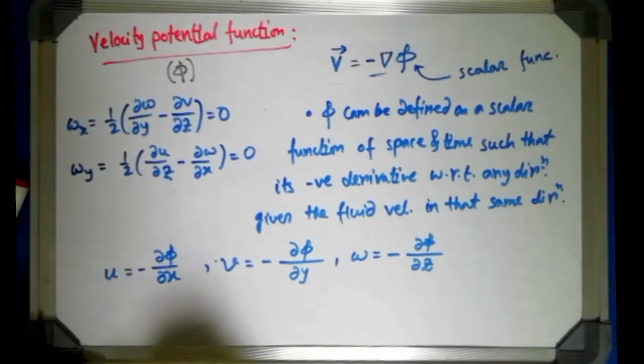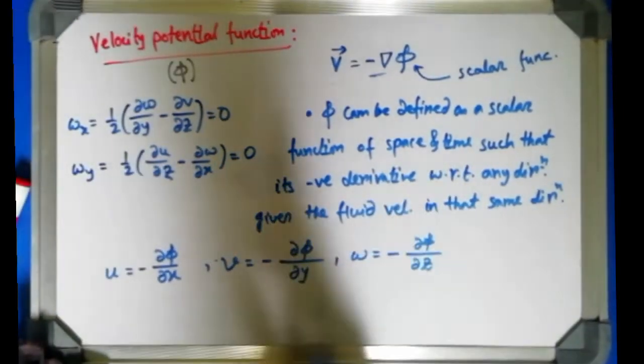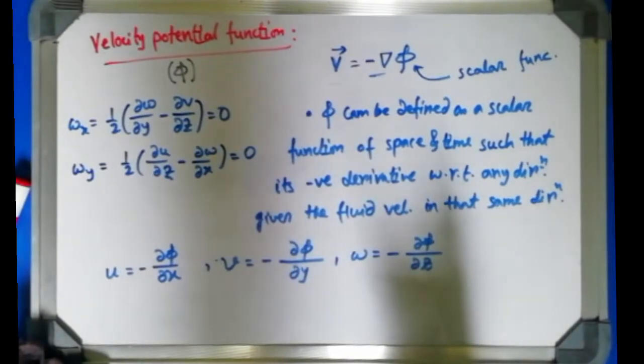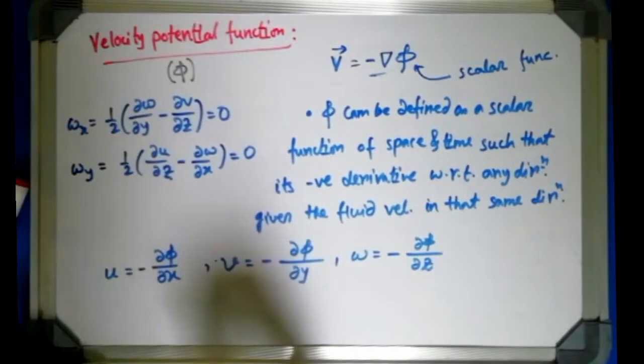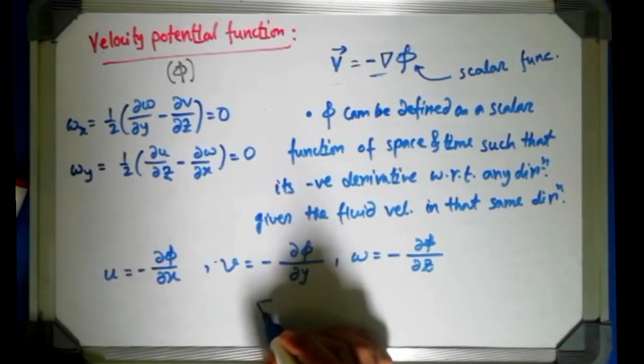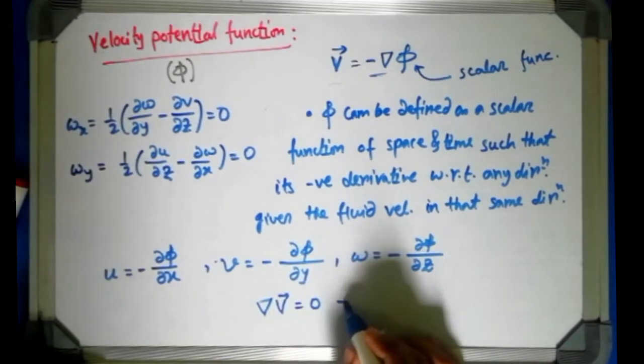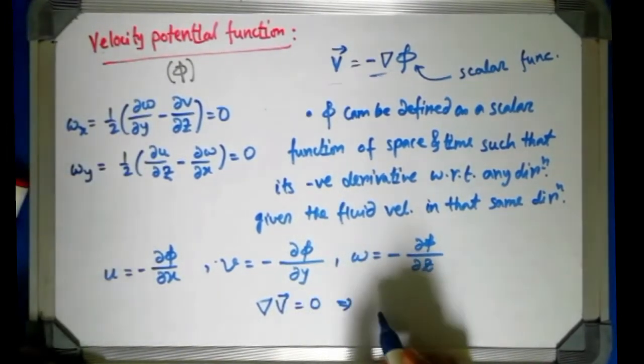Okay, so this is only valid for irrotational flow, and for irrotational flow I have written just few minutes back that curl of V is equals to 0. So curl of V is equals to 0 means what?